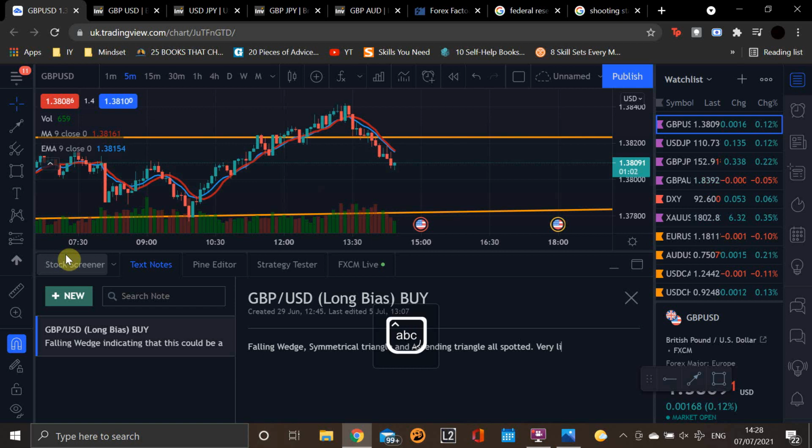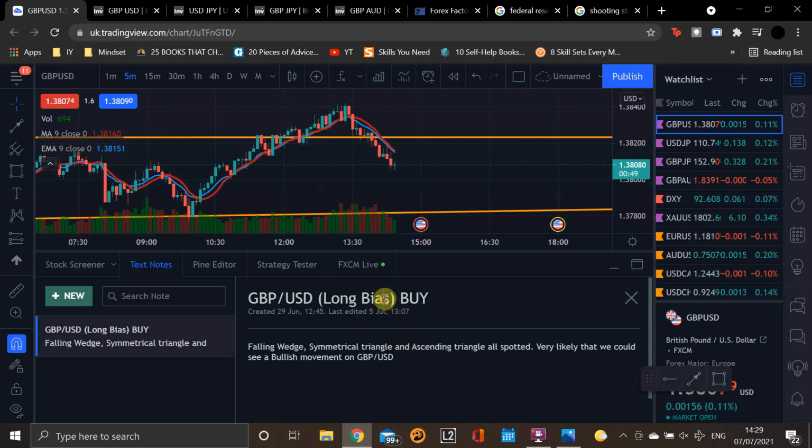Very likely that we could see a bullish movement on GBP USD. So strong buy. Put strong buy.